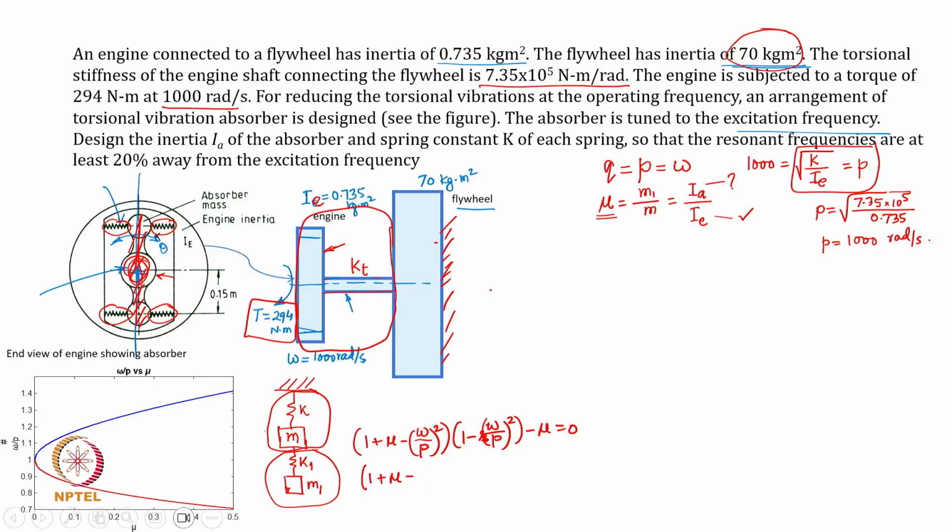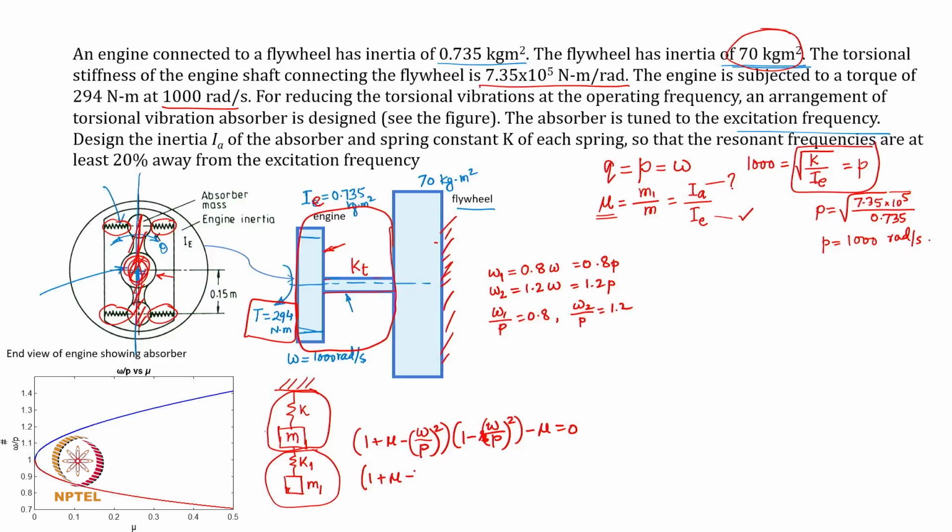Now you may notice that it has been given that the new natural frequencies or new resonance frequencies should be at least 20% away from the excitation frequency. So omega 1 expected should be 0.8 times omega, and omega 2 should be 1.2 times omega. Because omega is equal to p, this is nothing but 0.8 times p and 1.2 times p. So these two ratios, omega 1 by p is equal to 0.8 and omega 2 by p is equal to 1.2.